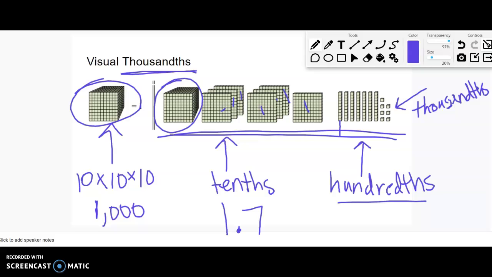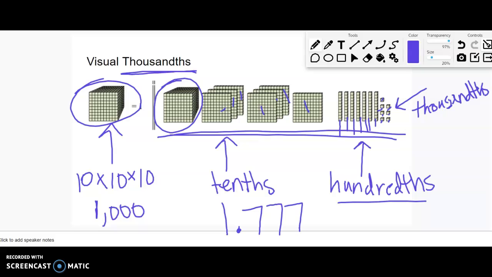Then I have 1, 2, 3, 4, 5, 6, 7 hundredths. And then I have 1, 2, 3, 4, 5, 6, 7 little thousandths. So all together I have 1 and 777 thousandths. Because if I were to count each of those little cubes, I would get 777. They've just put them in groups for me.